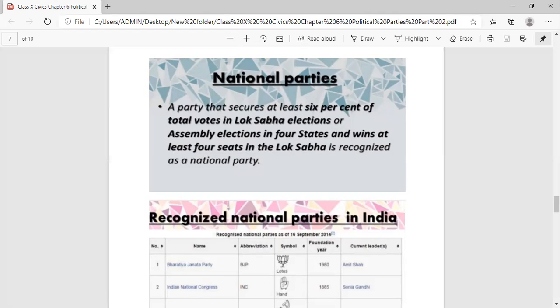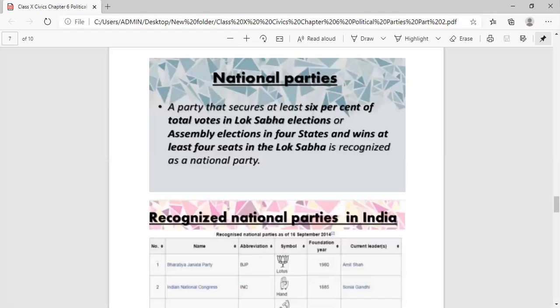That party will get a symbol that can be used exclusively by the official members. And then the recognition of a political party is very important. So now let's check into the criteria for the recognition.